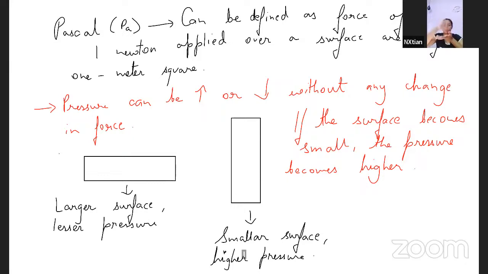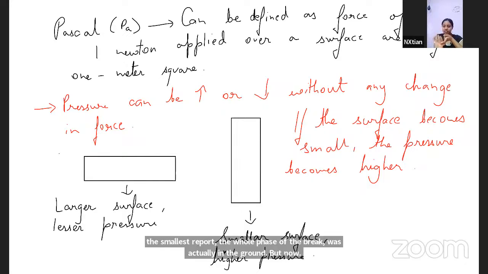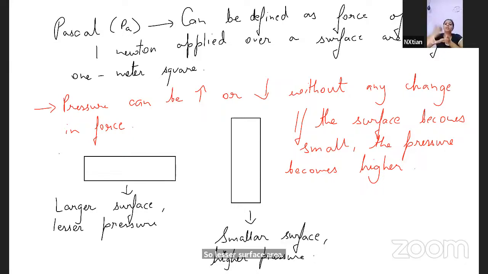Before, the whole face of the brick was touching the ground, but now only one small square side of it is touching the ground. So lesser surface area, but more pressure. This will increase the pressure of the brick on the floor because the surface area is small.